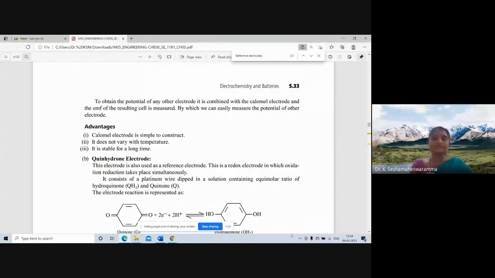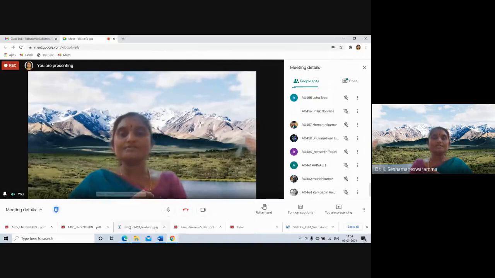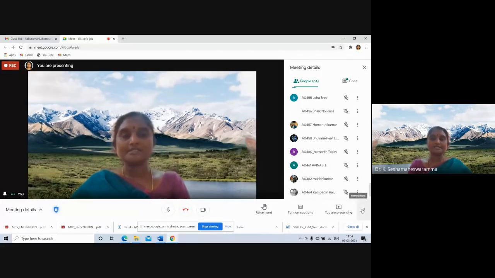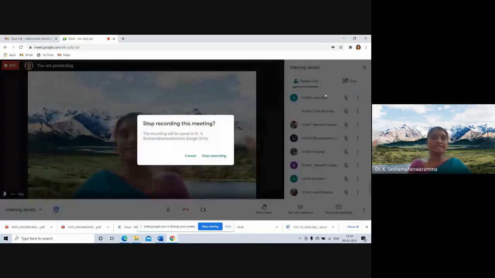This is the construction of calomel electrode, as well as the reactions taking place on it. Calomel electrode is one of the important secondary reference electrodes.